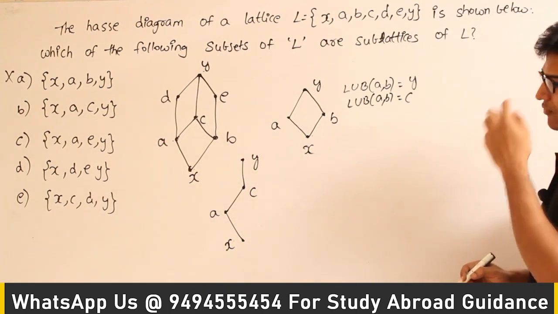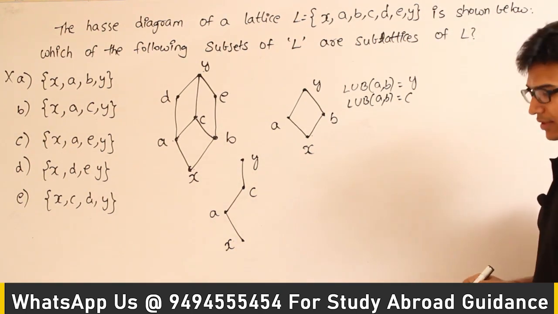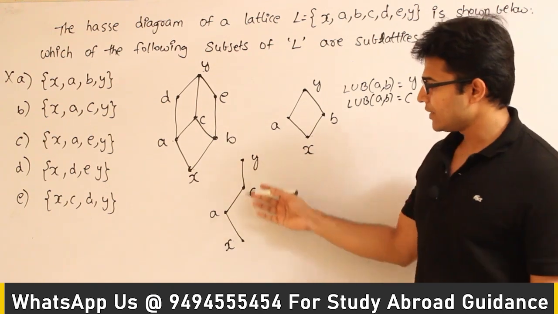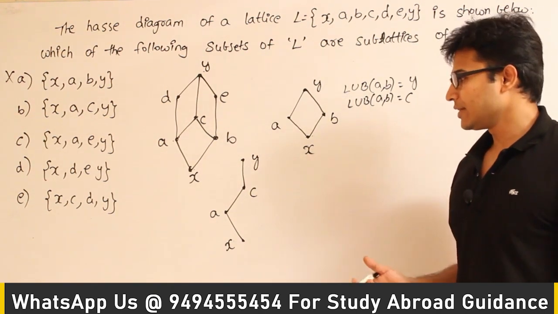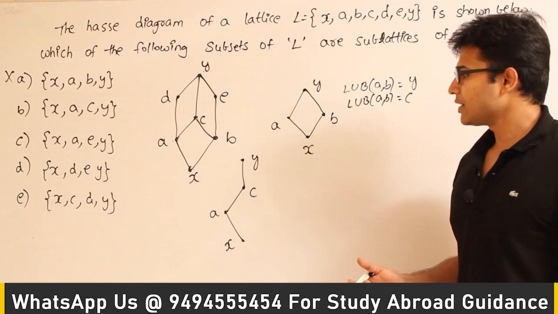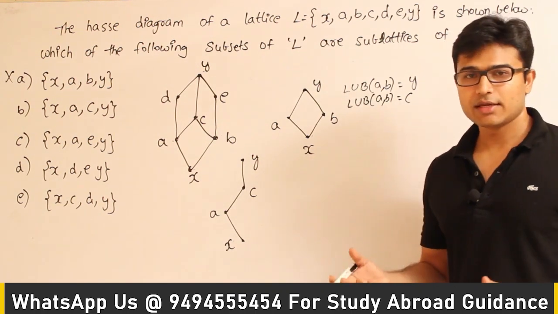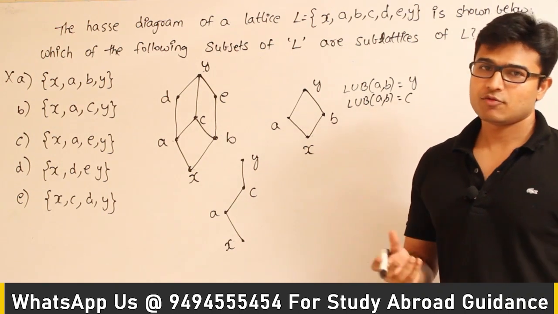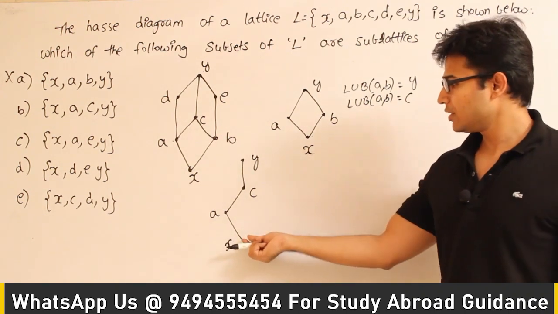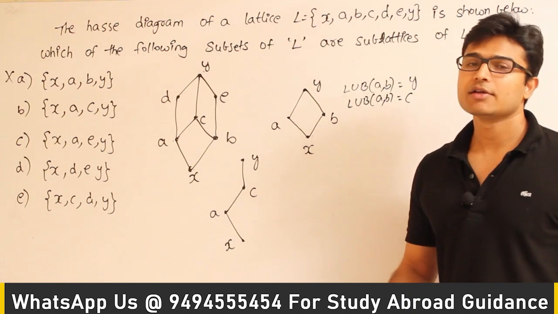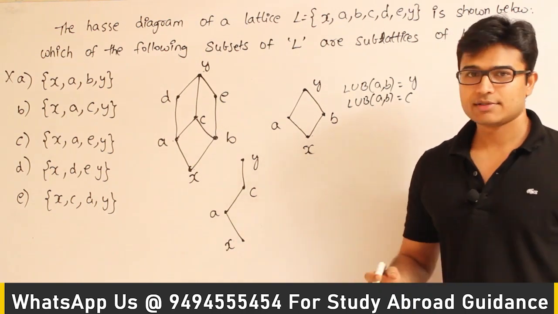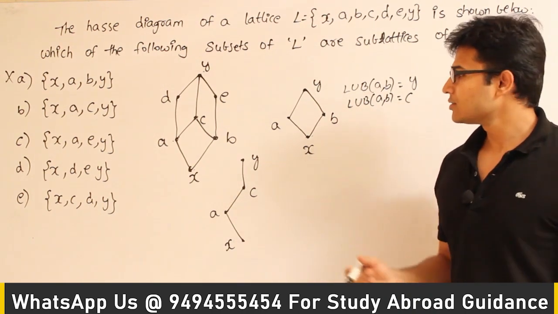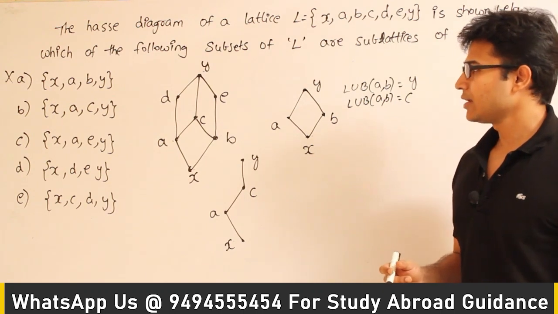So now whether it is lattice or not, clearly it is a lattice because you can take any two elements and you will see that there is definitely least upper bound and greatest lower bound. It will fail to be a lattice only when you have more than one maximal element or more than one minimal element, but here you have only one minimal element and one maximal element. Therefore every two elements are definitely going to have greatest lower bound and least upper bound, right?